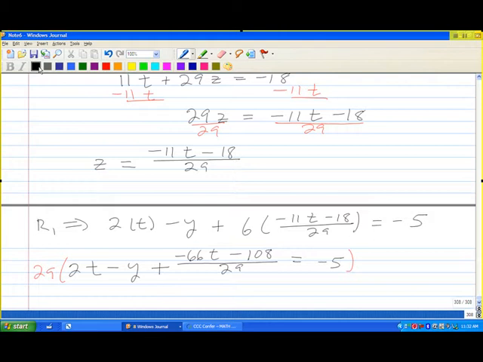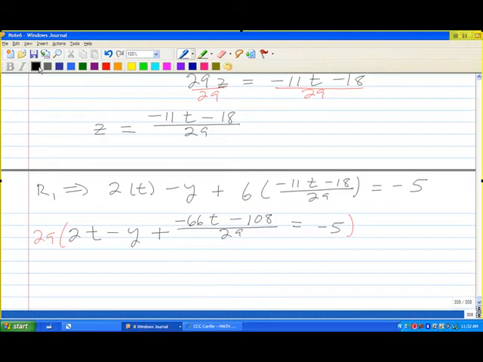I get 58t minus 29y. The 29's cancel, so minus 66t minus 108 is equal to 29 times 5, negative 145.